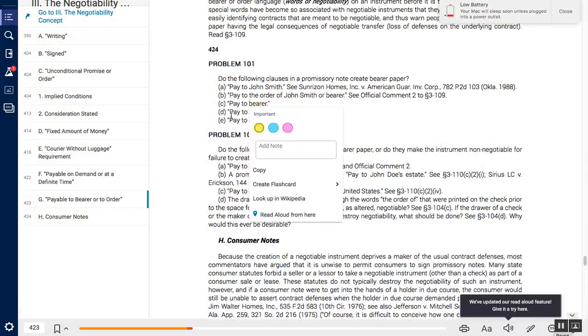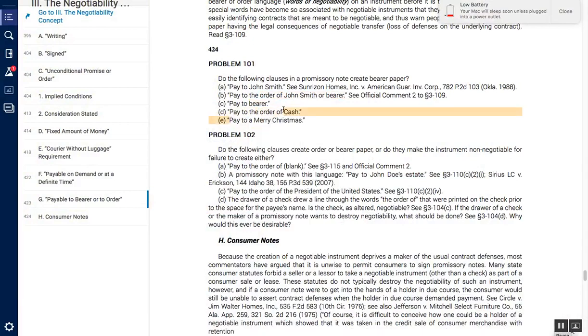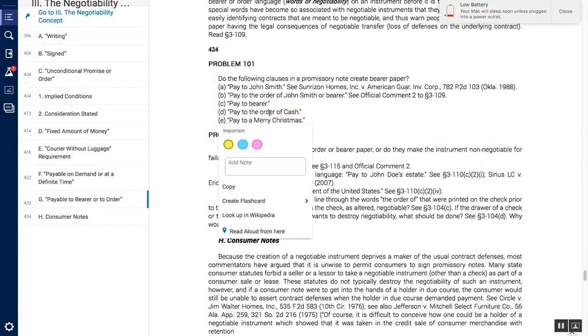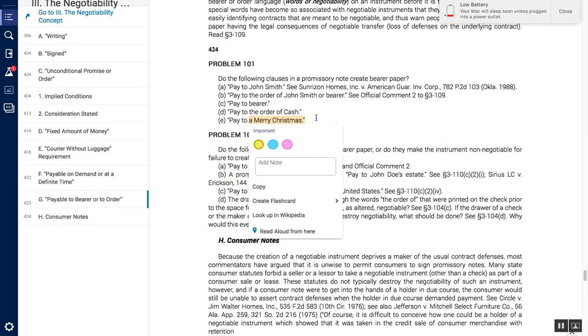Okay. Pay to bearer. Well, that is bearer paper. Pay to the order of cash. And that is bearer paper. Pay to a Merry Christmas. That is also bearer paper. When it's paid to something fictional and absurd, if there's an absurdity in the payee line, then it's intended, as we know, to be just treated as cash.